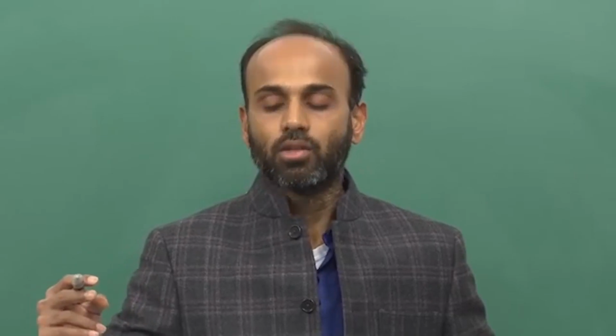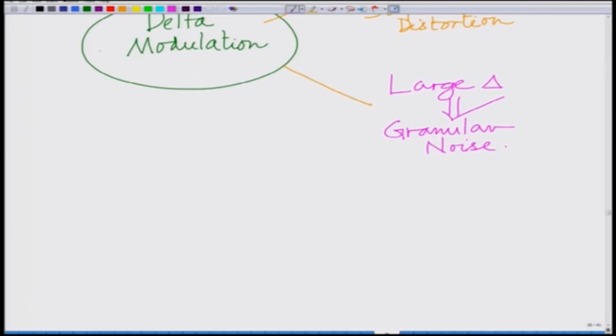So, when you have a large delta, obviously when the signal is varying very fast, you can capture it, but if the signal is varying very slowly, then it leads to granular noise. So, one has to choose this step size delta intelligently. There is a trade off of small delta versus large.